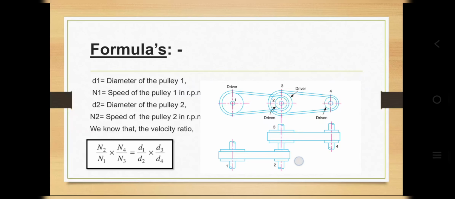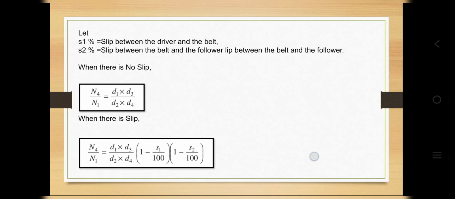N2 is the speed of the second pulley in rpm. So we know the velocity formula well. Go to the next slide, that is the slip formula.